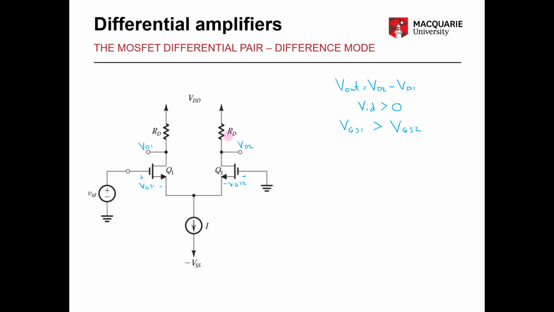We can see this is true because they have a common source terminal, and Q2 has a gate voltage of 0, whilst Q1 has a gate voltage of VID, which we said is now more than 0. From our basic transistor functionality, we know that this will result in ID1 being greater than ID2. That is the current flowing into the drain terminal.